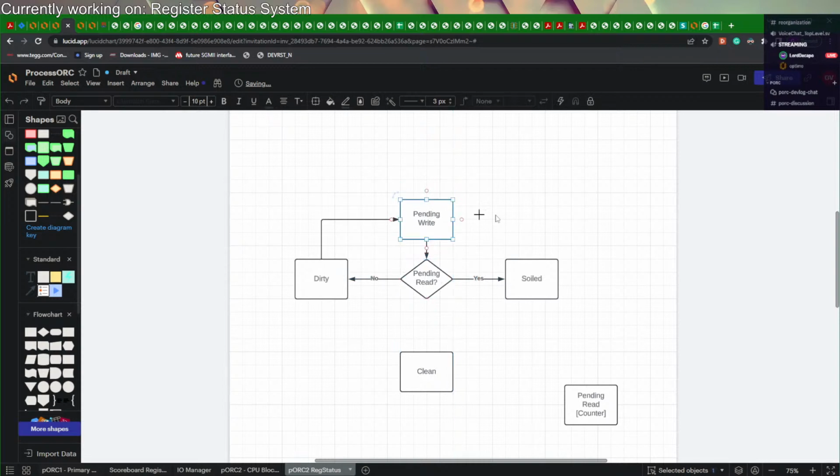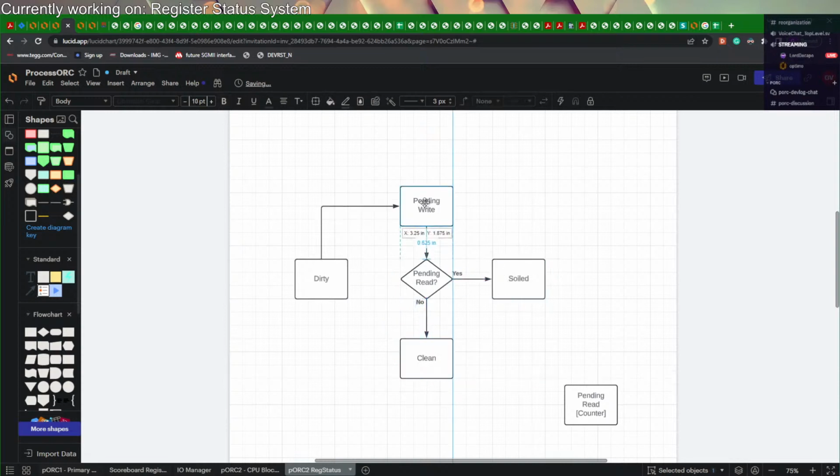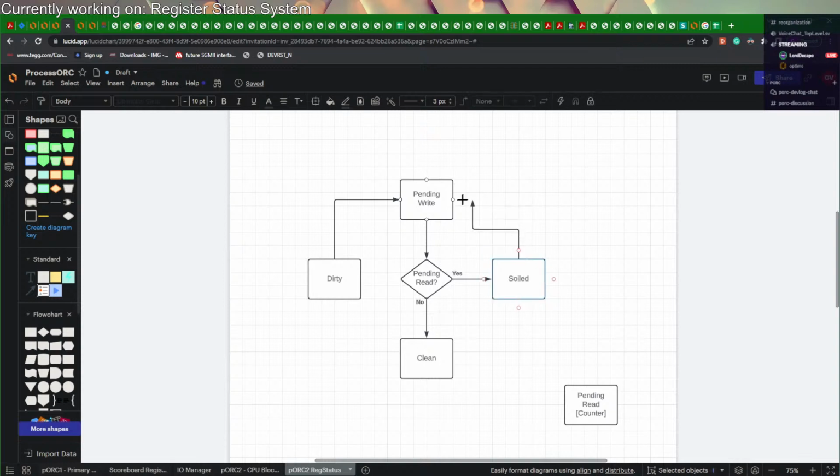Okay, so we have this situation here. There's a pending read. Oh, pending write read. This needs to go not dirty, but to clean. Okay, so now if you're soiled, you can go pending write.